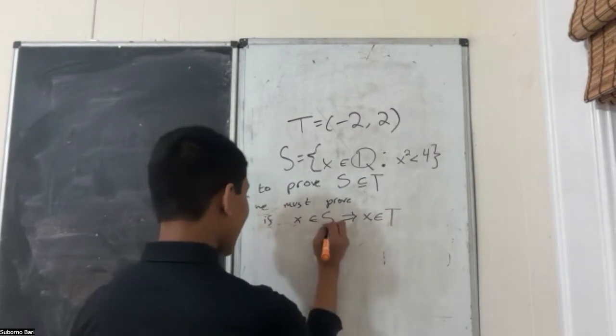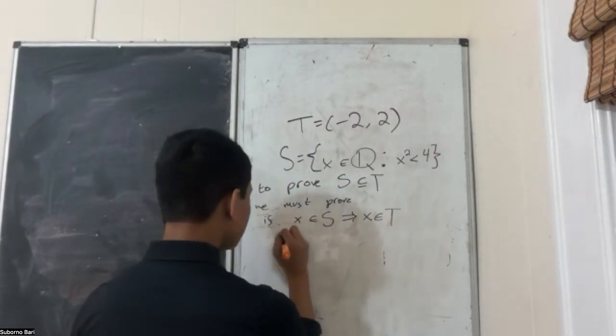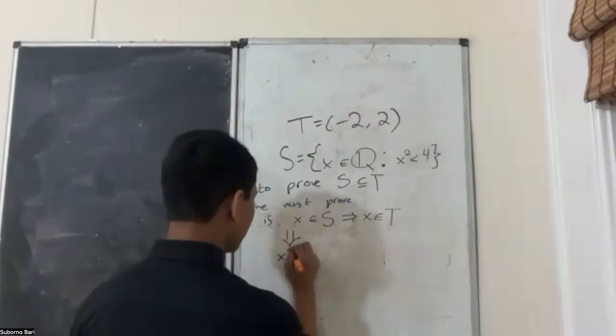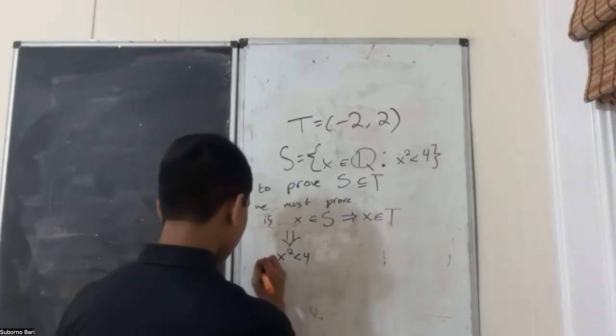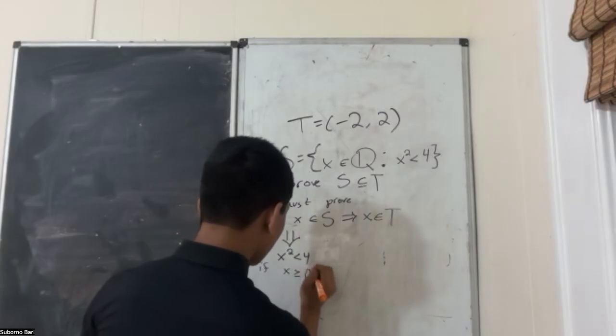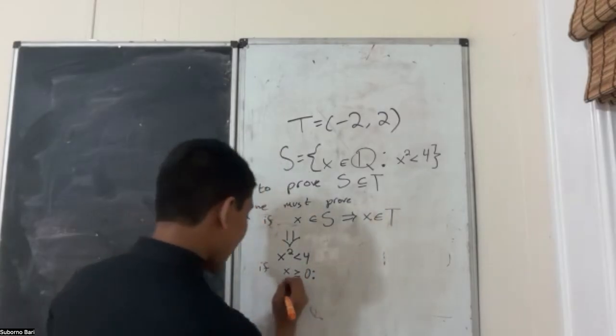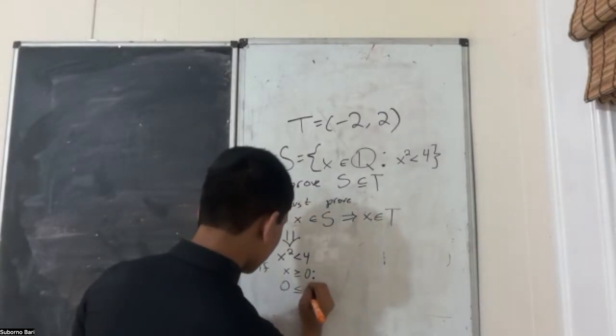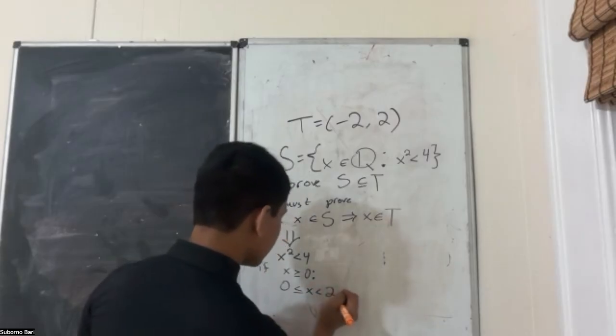If X is in S, that implies X squared is less than 4, and hence if X is greater than or equal to 0, then 0 is less than or equal to X is less than 2.